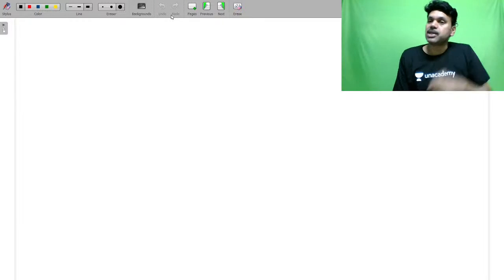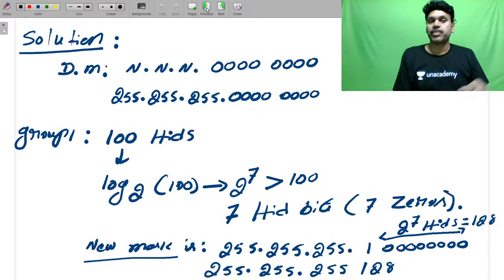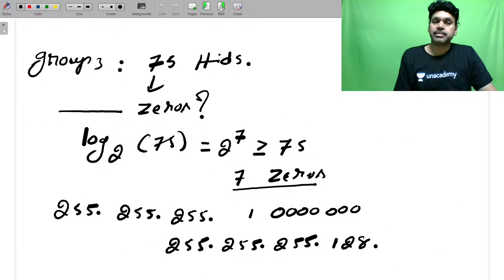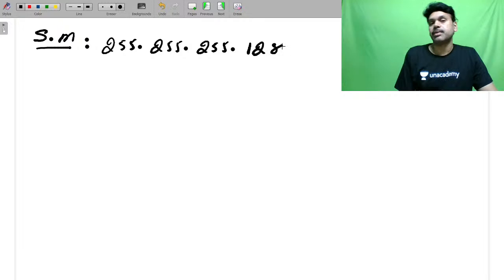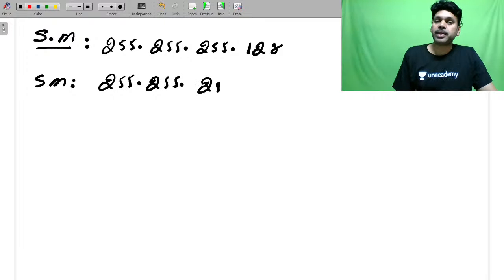So the subnet masks we got: your first is 255.255.255.128. Your second subnet mask is 255.255.255.192.